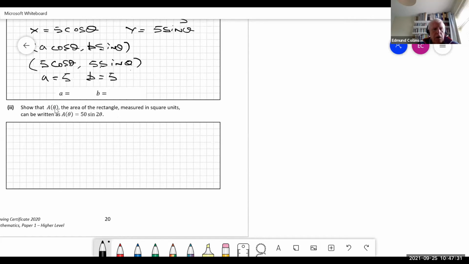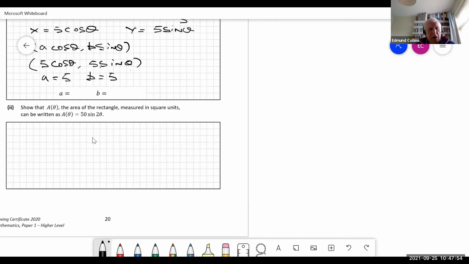Again, terminology might be a little strange, but it's like a function. So you want to show it in terms of theta. The area of the rectangle measured in square units can be written as the area in terms of theta equals 50 sine 2 theta.